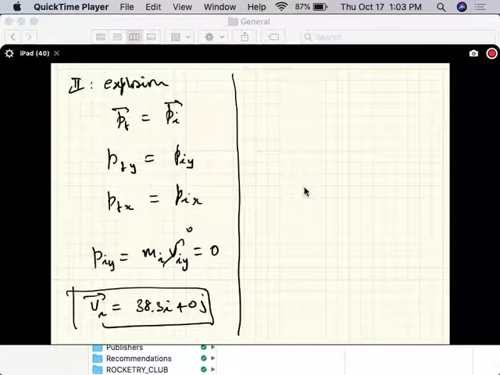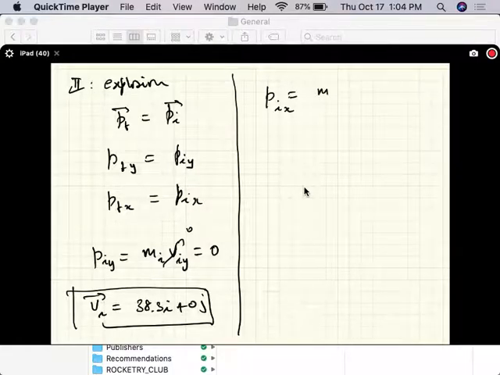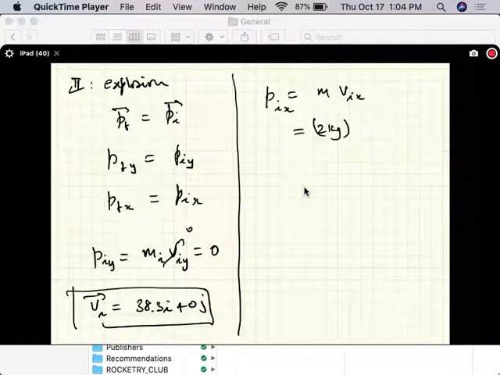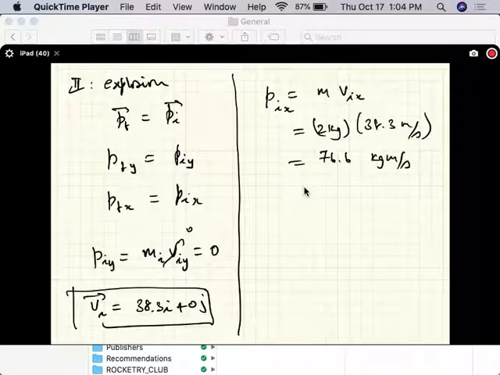You guys understand? What is the initial x component of the momentum? Mass times v, 2 kg times 38.3. Okay?